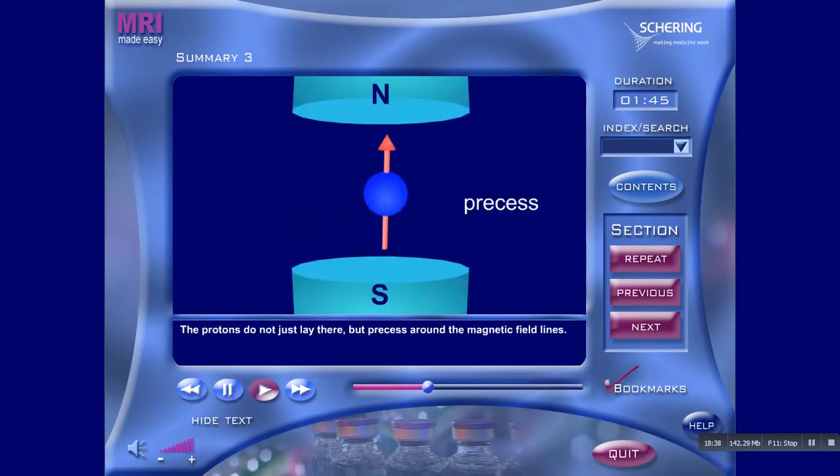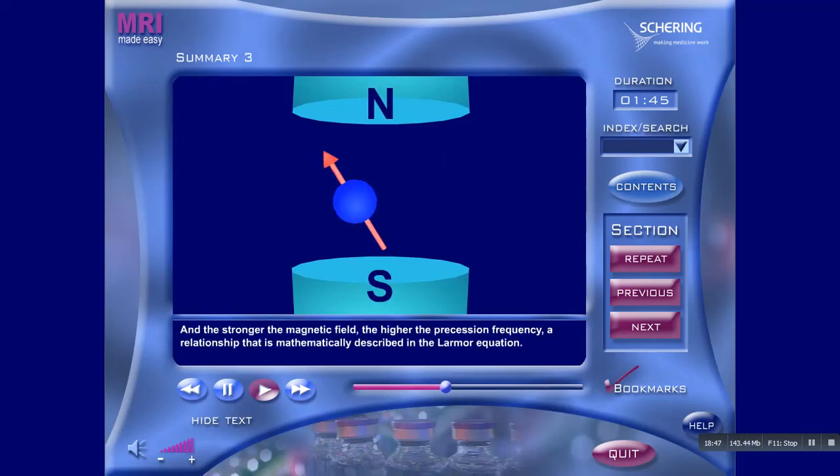The protons do not just lie there, but precess around the magnetic field lines. And the stronger the magnetic field, the higher the precession frequency, a relationship that is mathematically described in the Larmor Equation.